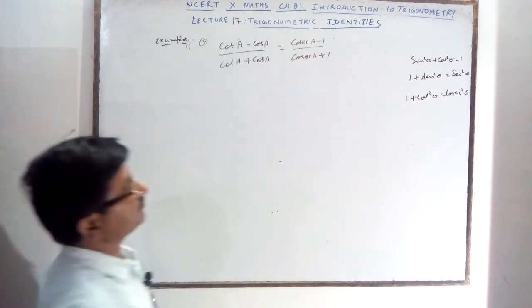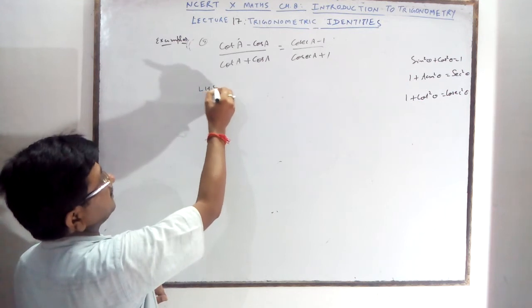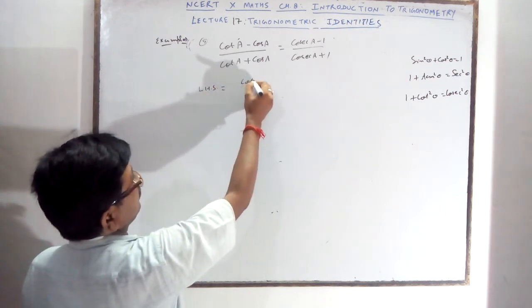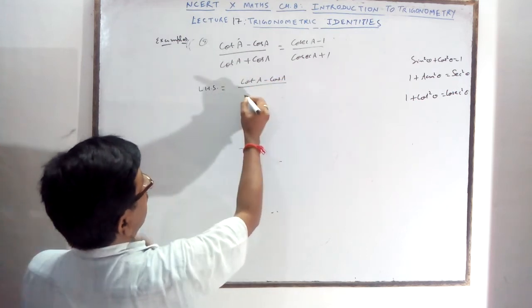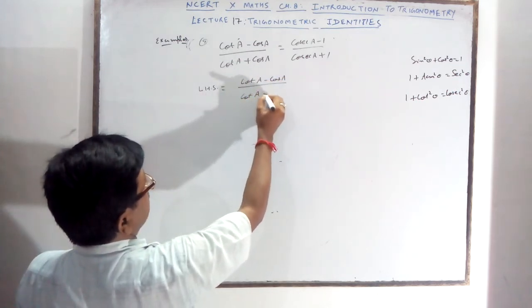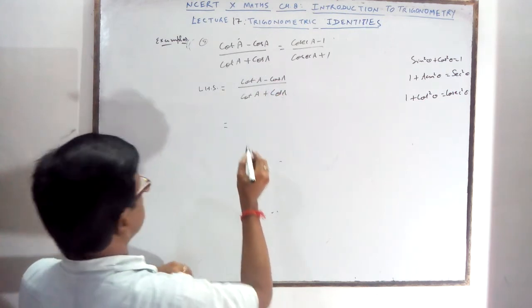You want to prove. LHS you write. Left hand side: cot A minus cos A upon cot A plus cos A. This you will write down.